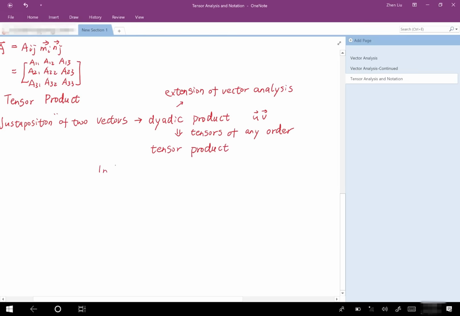But in linear algebra, we have something called outer product.